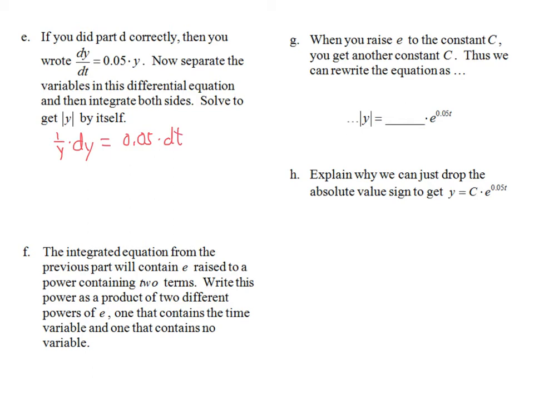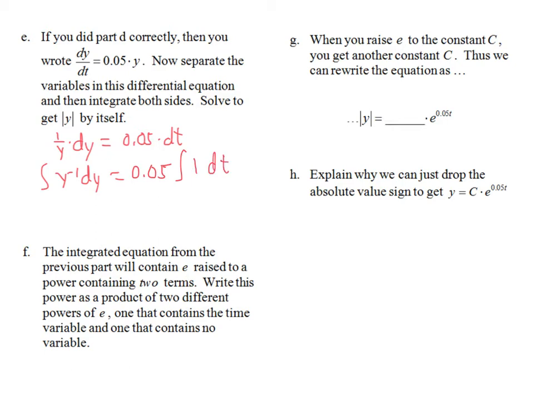It can go either place, but it'll be easy to integrate if you leave it on the right-hand side. So now we're ready to integrate both sides. We have the integral of y to the -1 dy equals the integral on the right side. I will pull the 0.05 outside the integral since that's a constant, so I just end up with the integral of 1 dt.